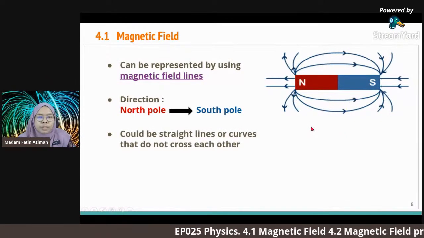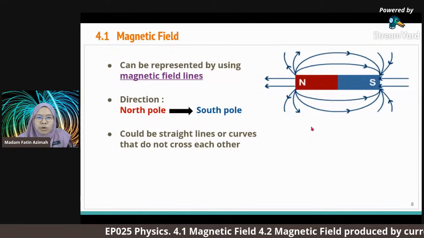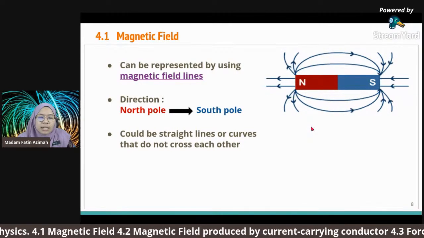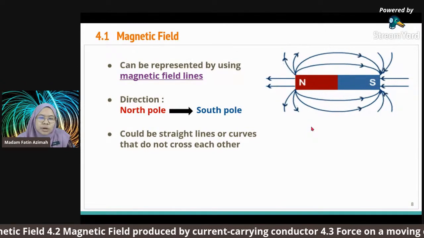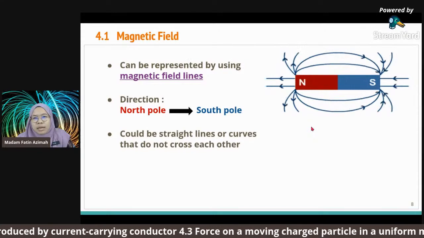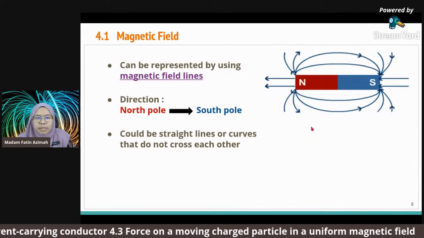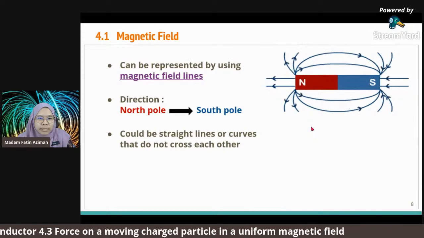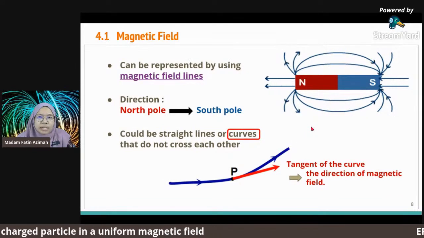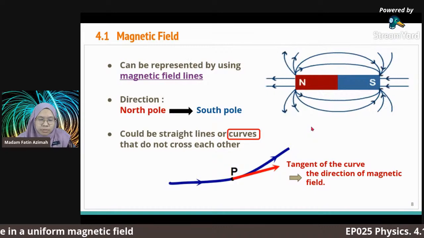The lines could be either straight lines or curves that do not cross each other. To identify the direction of the magnetic field, it is easier for a straight line, because if the line is going to the right, it means the magnetic field is to the right. But for curves, the tangent of the curve is the direction of the magnetic field.